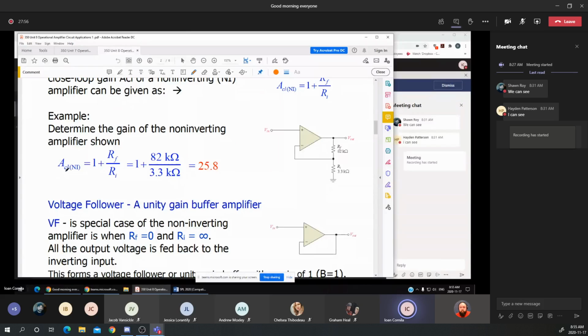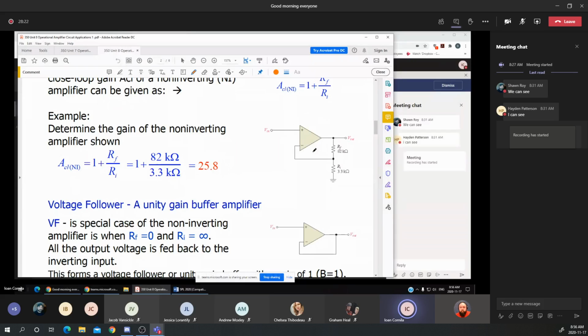Again, that's the gain for a closed loop non-inverting amplifier, which is defined as 1 plus RF over Ri. You notice that the gain is always a dimensionless number. Sometimes it's larger or smaller based on the two resistances.